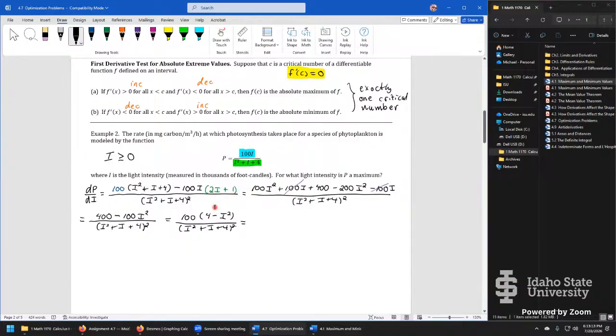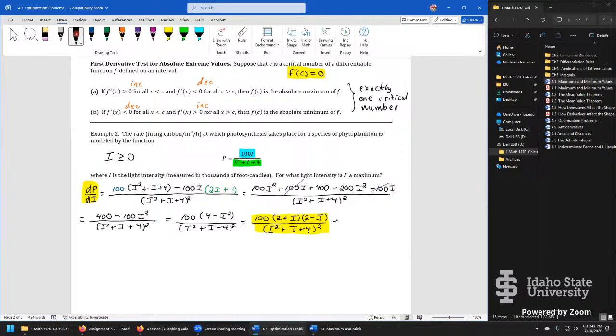This factors as a difference of squares, the 4 minus I squared. So now we're at 100 times 2 plus I, 2 minus I, all divided by that I squared plus I plus 4, which has just been coming along for the ride. So there's the derivative. dP/dI is equal to all of that.